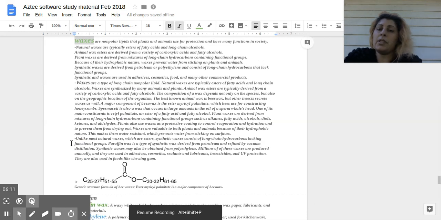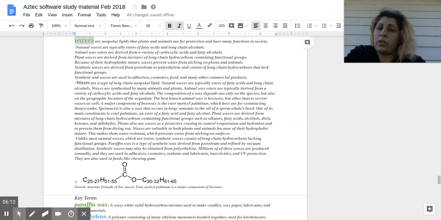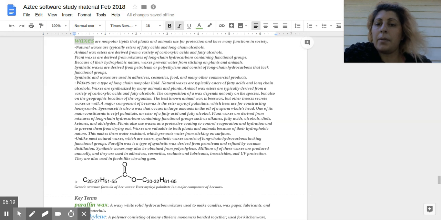So this section is fat waxes. These are nonpolar lipids that plants and animals use for protection and have many functions. Natural waxes are typically esters of fatty acids and long chain alcohols. Animal wax esters are derived from a variety of carboxylic acids and fatty alcohols.